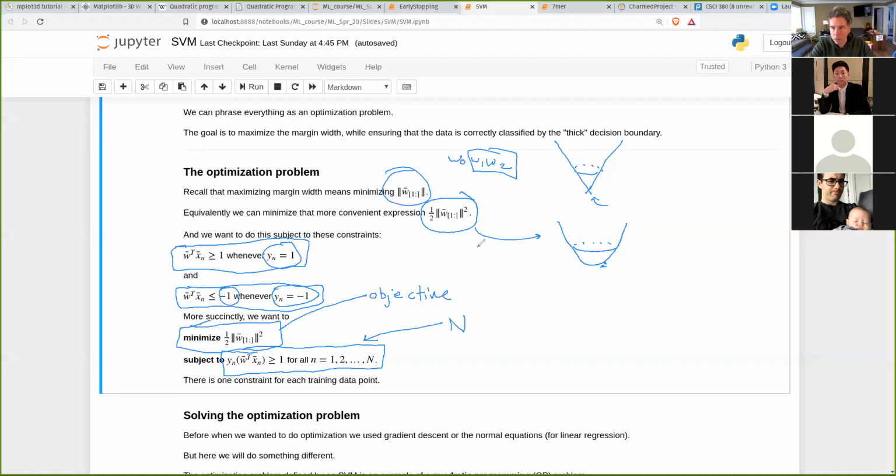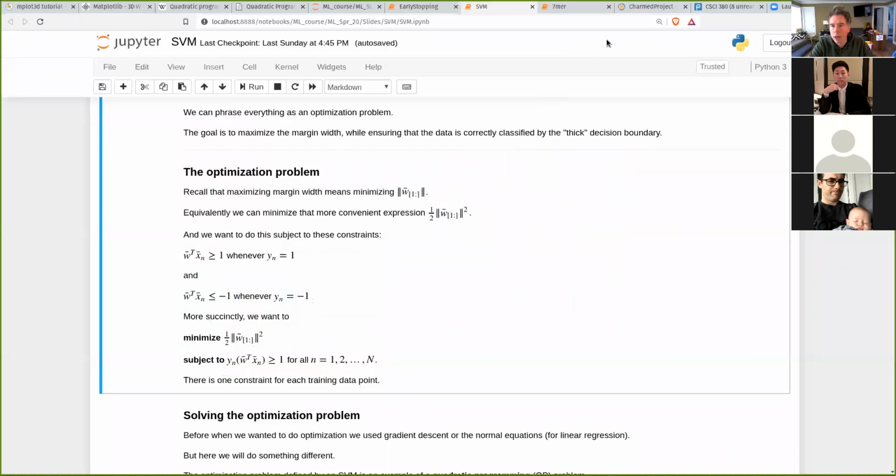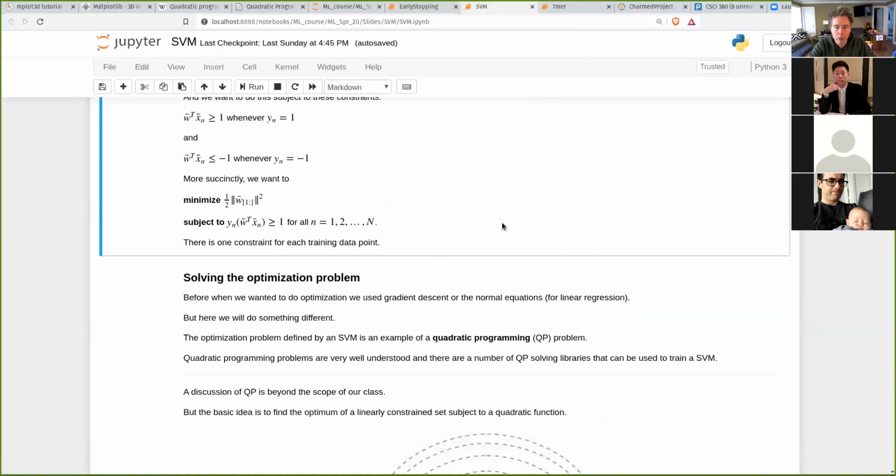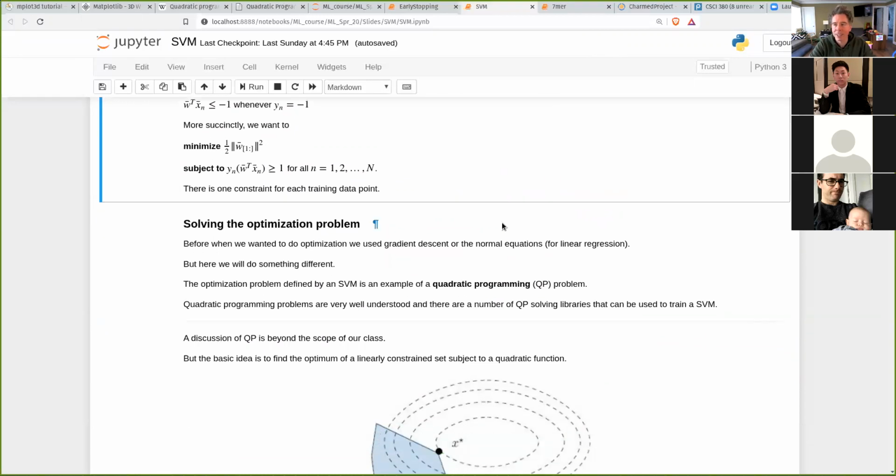Okay. So how do we solve that optimization problem? We're going to punt a little bit, except that we'll say we're going to use what's called a quadratic programming solver, but we'll at least explain what a quadratic programming problem is. Where can you actually read about support vector machines if you don't like my notes? My notes are more or less based on this book.